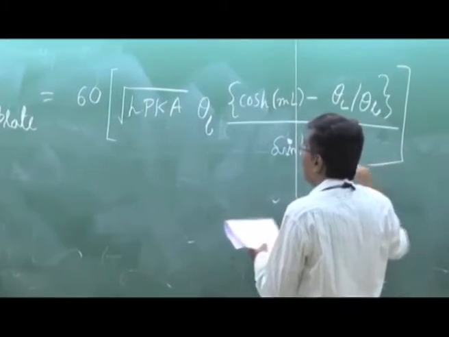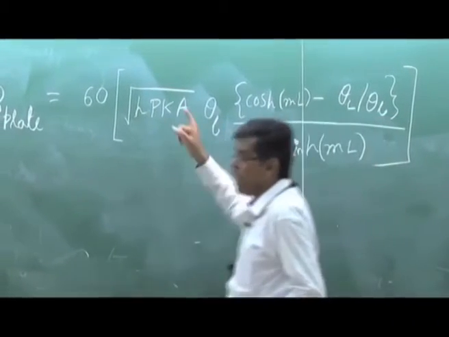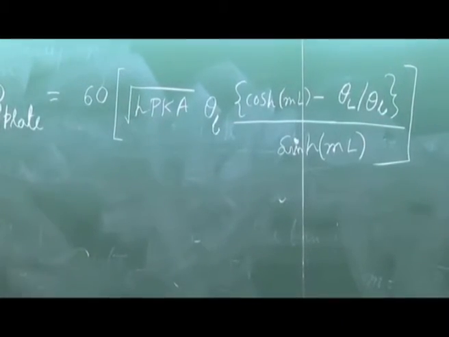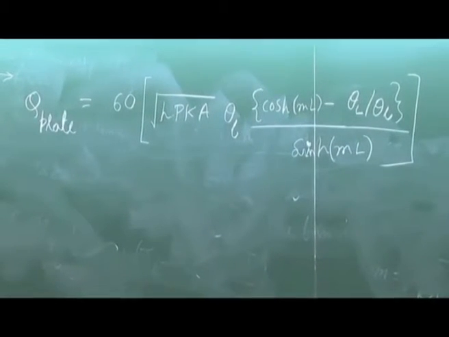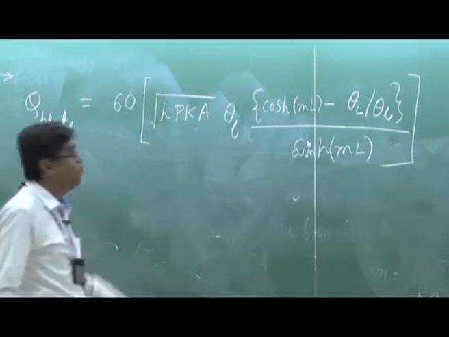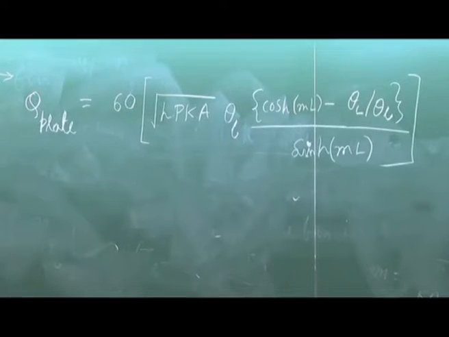So this is the expression of heat transfer when theta_B and theta_L are fixed for a fin, and the number of fins is 60. This is the heat transfer from the fin surface.